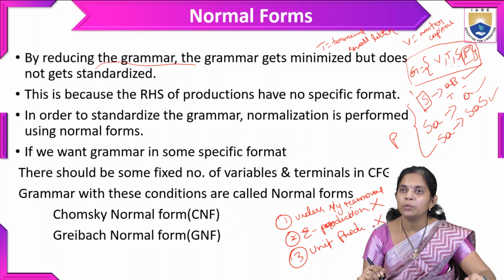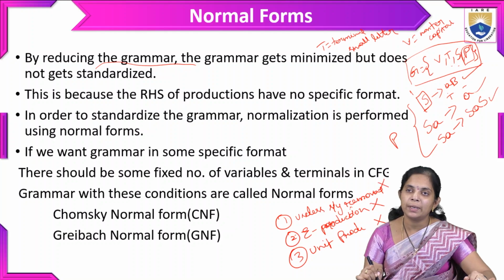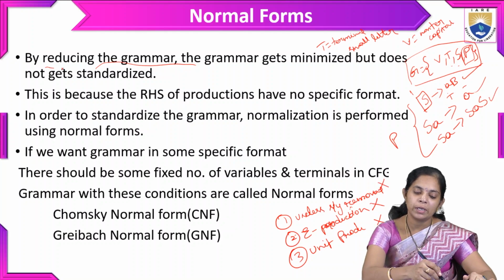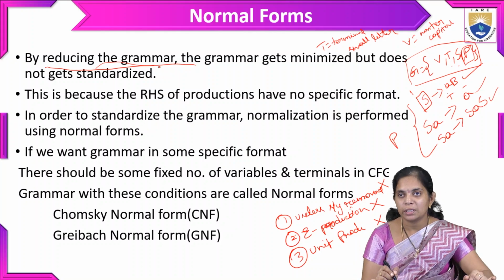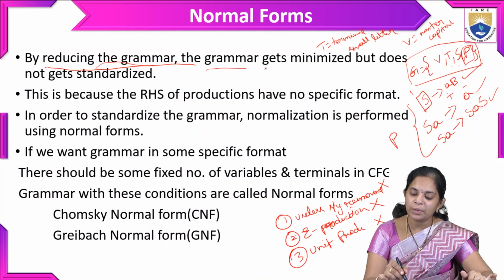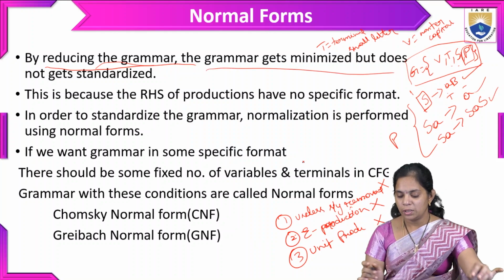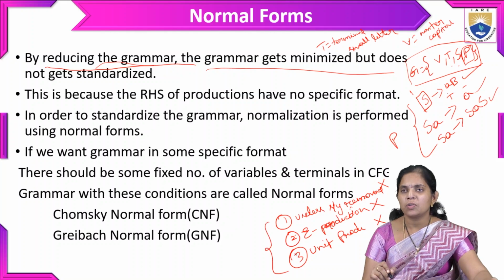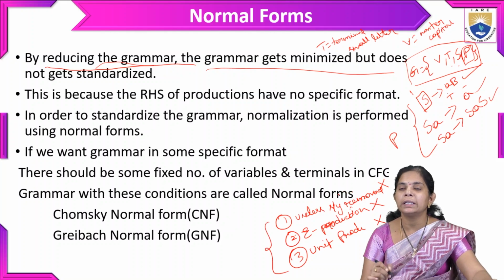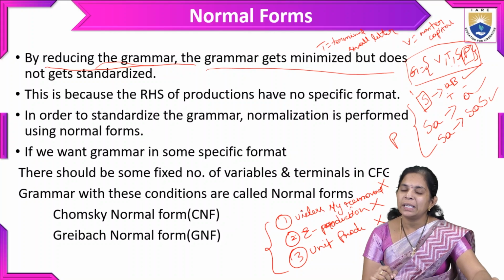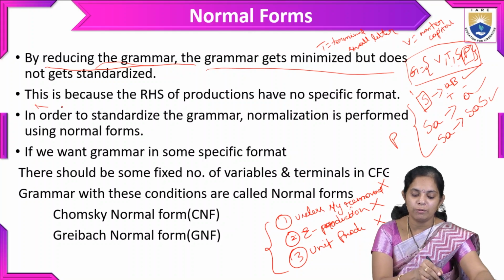We need to do all these steps while minimizing or reducing the context-free grammar. So by reducing, the grammar gets minimized but does not get standardized. By performing all these operations, we can say that the grammar is minimized, but it is not in a standardized way. To maintain that standardization, we are going for the normal forms.